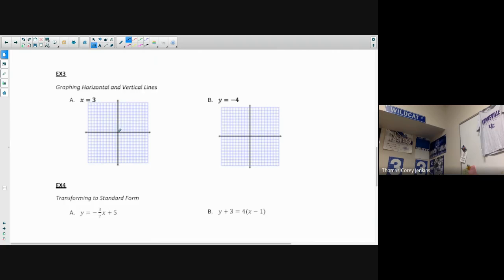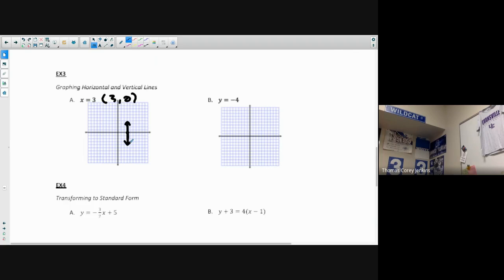So I go there on my graph where x equals 3, and that helps me remember that only a vertical line there would make sense. It wouldn't make sense to just trace the x-axis. It's just a straight up and down line through that point.